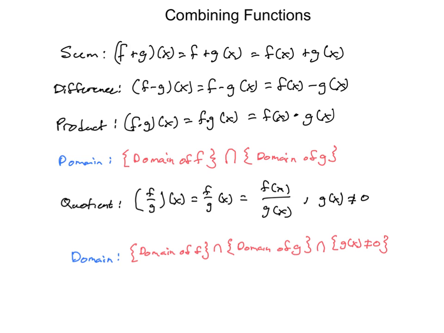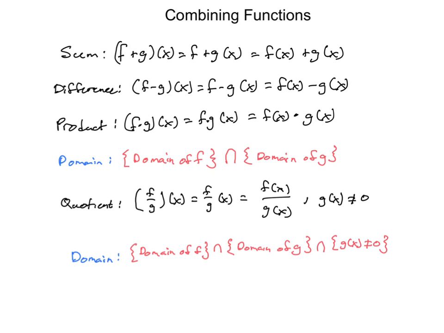The domain of all three of these is just going to be the intersection, the symbol right here, of the domain of f and the domain of g. In other words, the domain of a sum, product, or difference of two functions consists of the elements that the domain of f and the domain of g actually have in common.